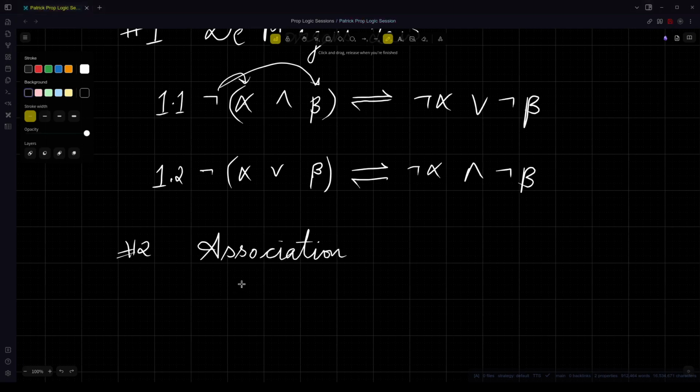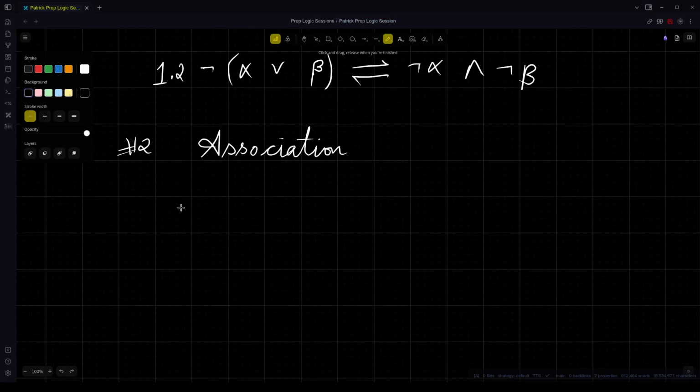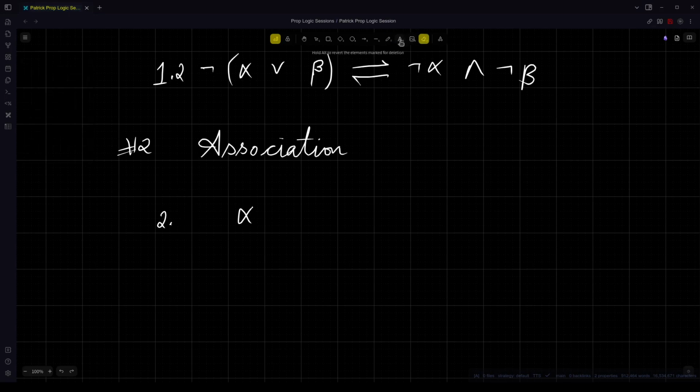And this also has two versions, 2.1 and 2.2.